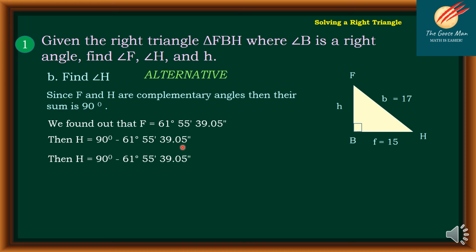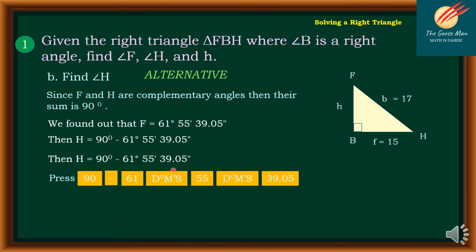So we have here H is equal to the difference of these two numbers. Using our calculator, press 90 minus 61 DMS, 55 DMS again, 39.05 DMS, and equal sign, and we will come out with 28.07248611.